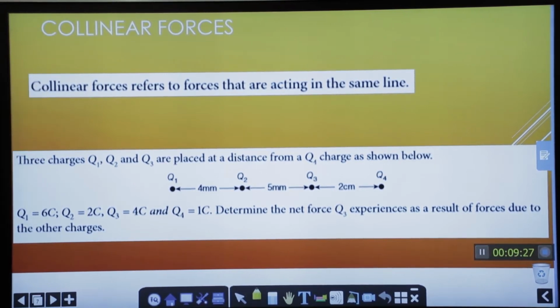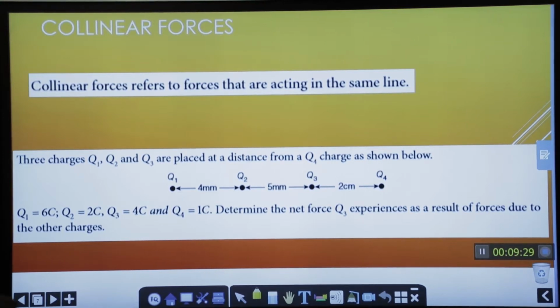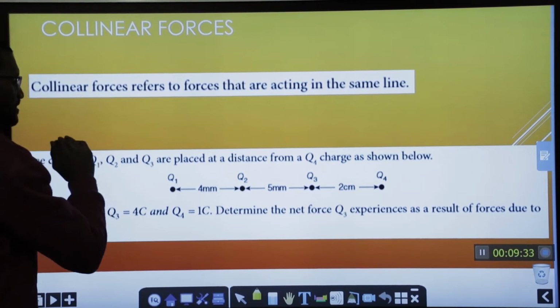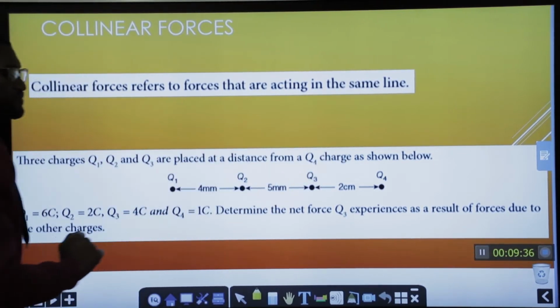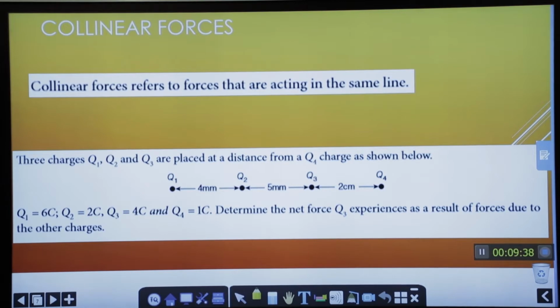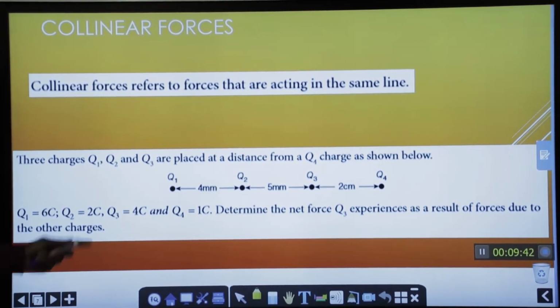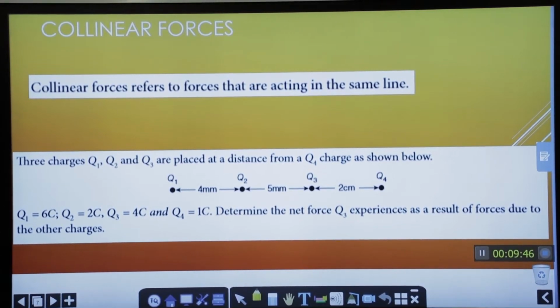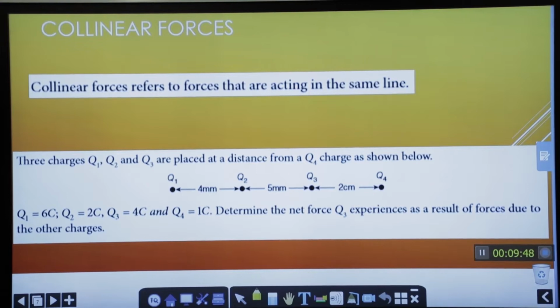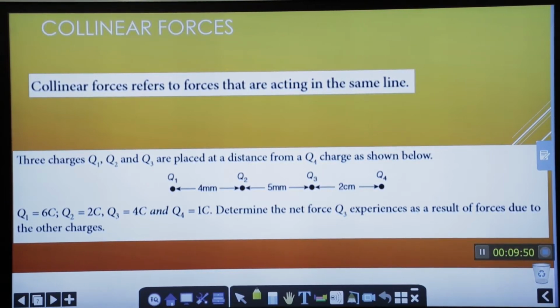When we have collinear forces, forces that are operating on the same line, we must be able to determine the resultant force. Look at this question. Although it's talking about electrostatic force, that same force we can relate to forces because it's a vector. A force is a vector, all right? And we can calculate the net force.